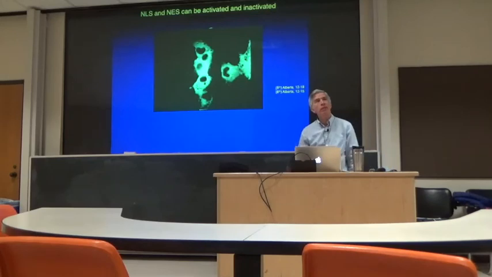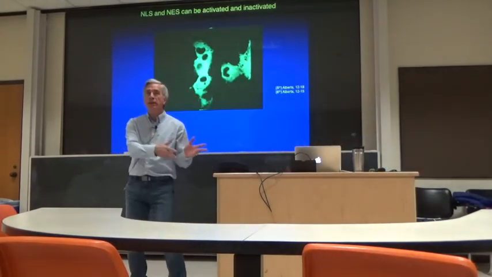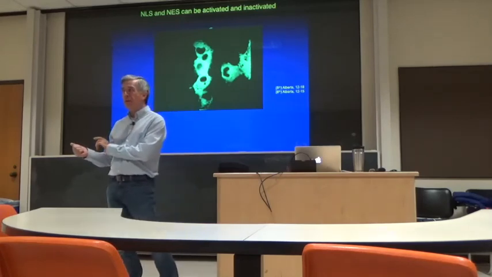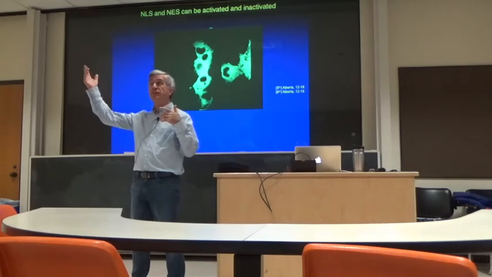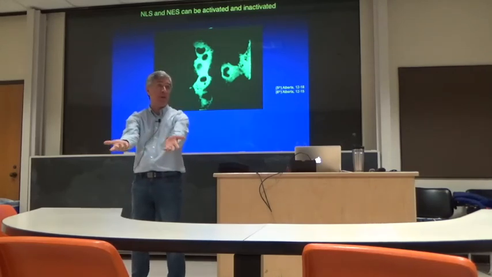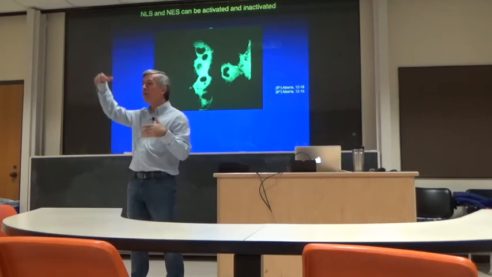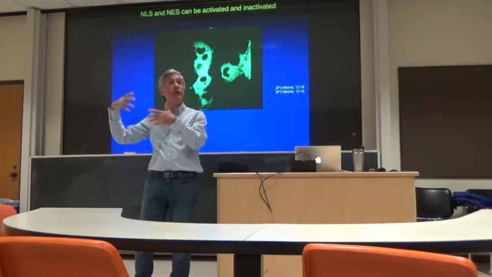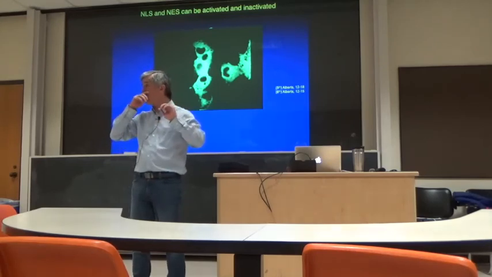Okay, so here we have a protein that is able to go in and out of the nucleus depending on conditions. This is true for a lot of transcription factors: many genes need to be expressed only when the right hormonal signal comes into the cell. So you want to inactivate the transcription factor in some way.